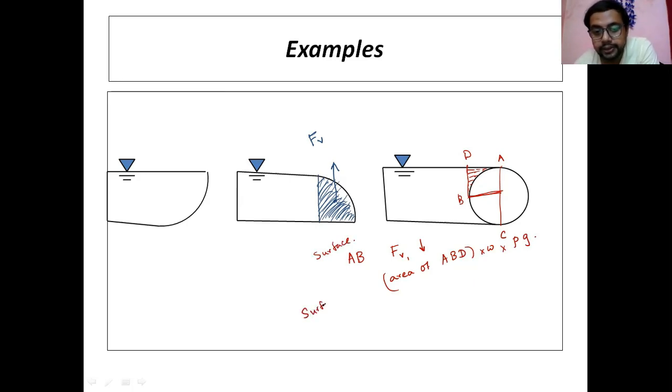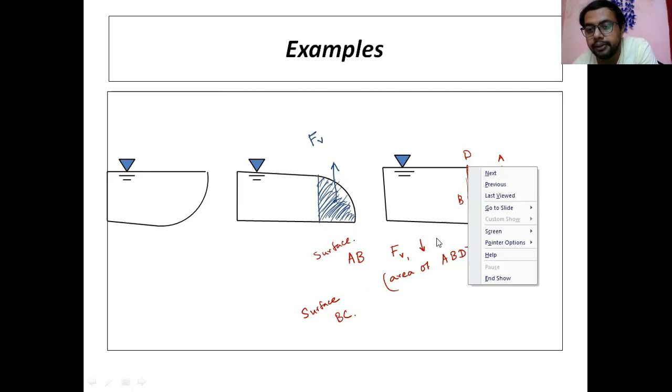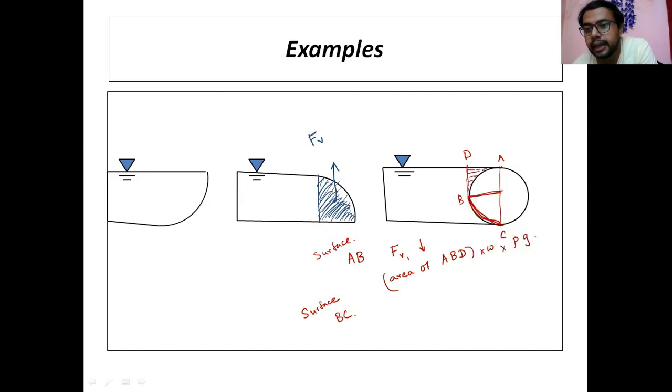For the surface BC, if you consider only this surface BC, from B if you draw a perpendicular line, it will meet at D. From C, if you draw a perpendicular line, it will meet at A, the free surface.